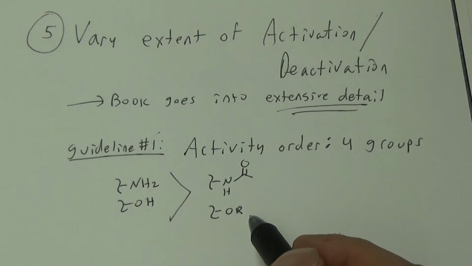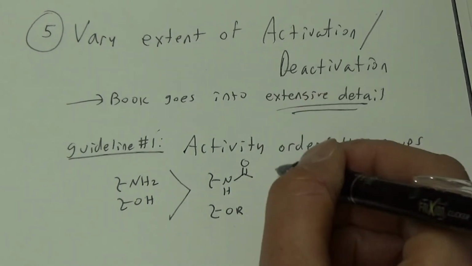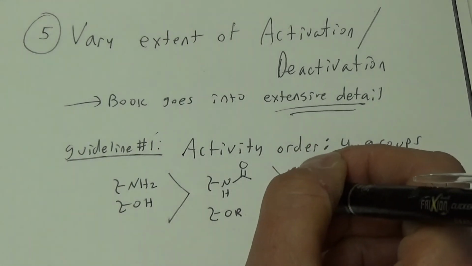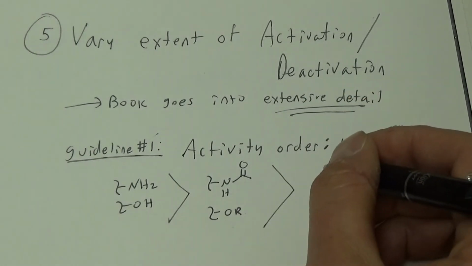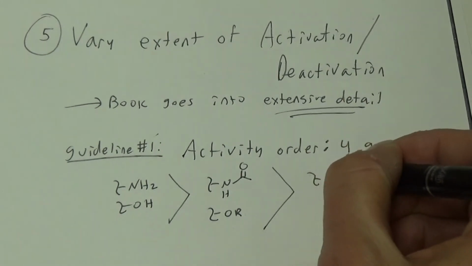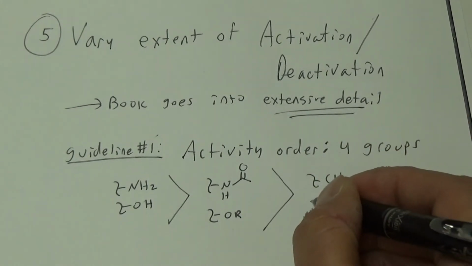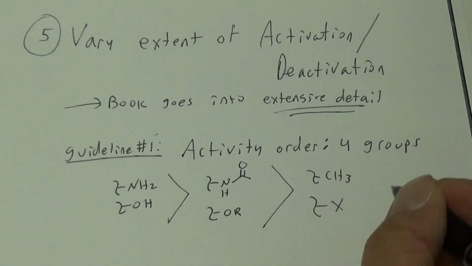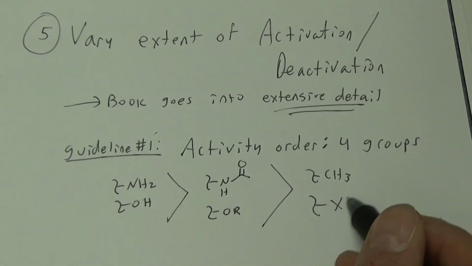Amide and ether, like OCH3 or something, are going to be a little less active. Then we got the alkyl groups like methyl, ethyl, propyl, and also halogens. And those are like the third group of activity.